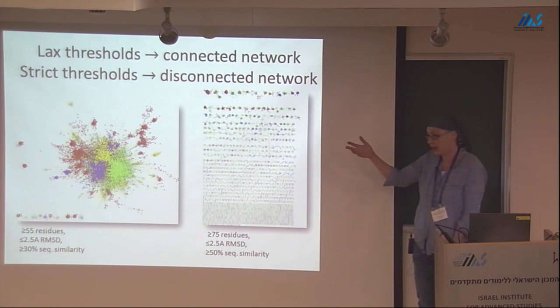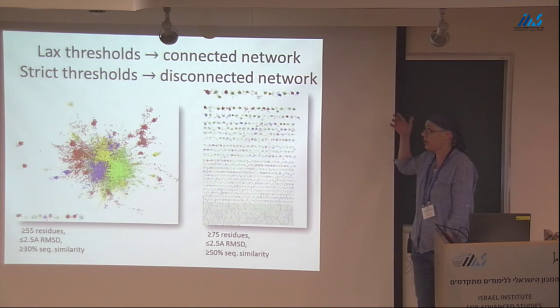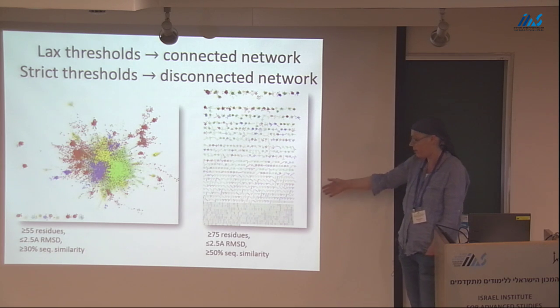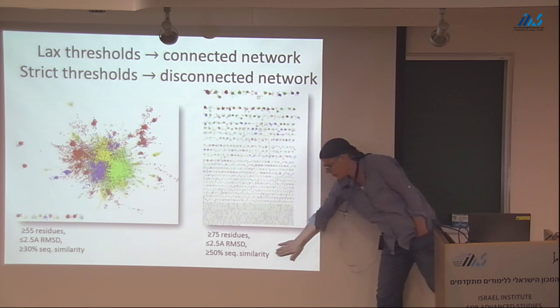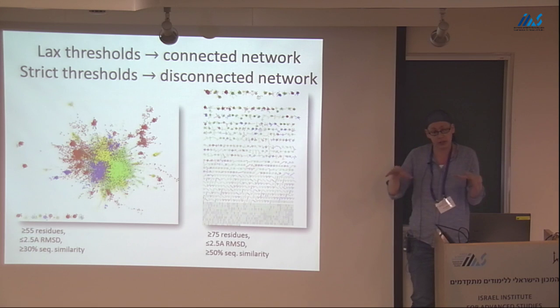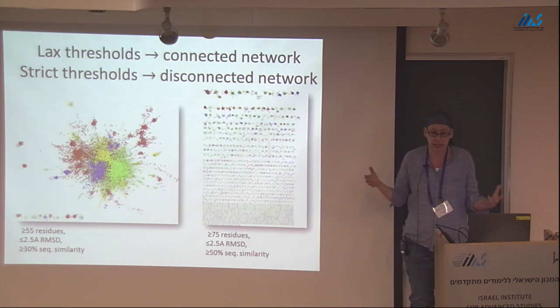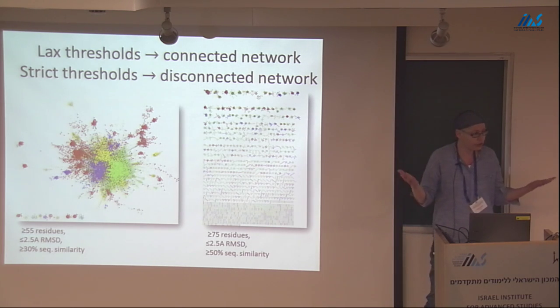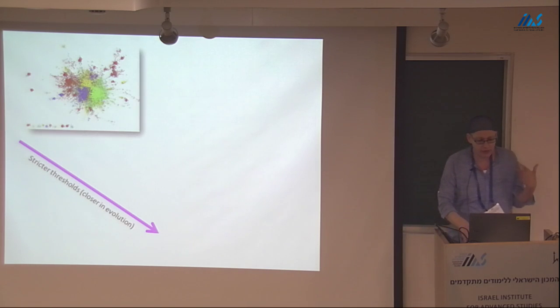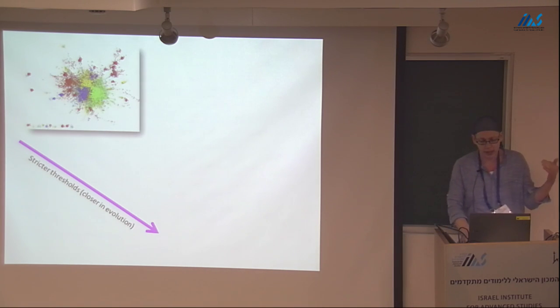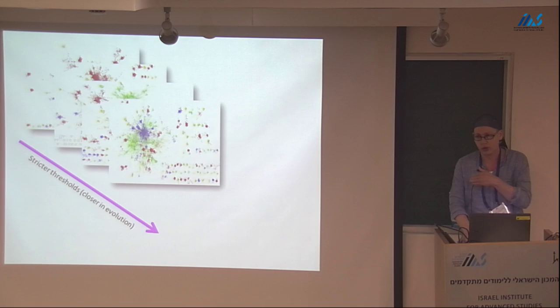This is expected. If, on the other hand, you use very strict thresholds, here, for example, 75 residues, more than 50% sequence similarity, then it all disintegrates, right? You would expect that to be the case. So the two endpoints are trivial ones. But you could think of these as if you're going further or closer in evolution.